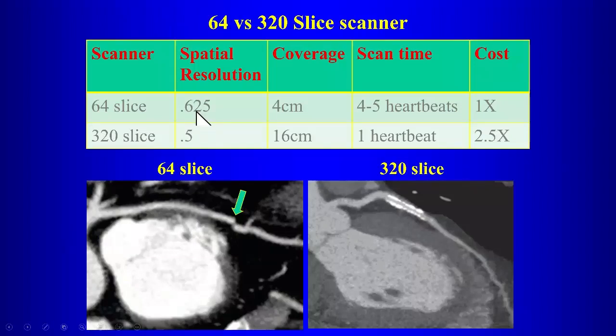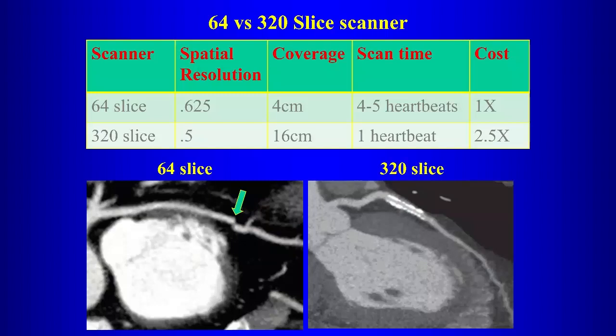Now, what about your coverage? So here's a comparison of 64 slice CT and 320 slice CT. The spatial resolution is comparable, but the coverage is different. When you have a 64 slice CT scanner, every time the gantry goes around, you can only cover 4 centimeters of anatomy, which means that if you're going to cover a heart that may take 16 centimeters, you're going to have to go around 4 times.